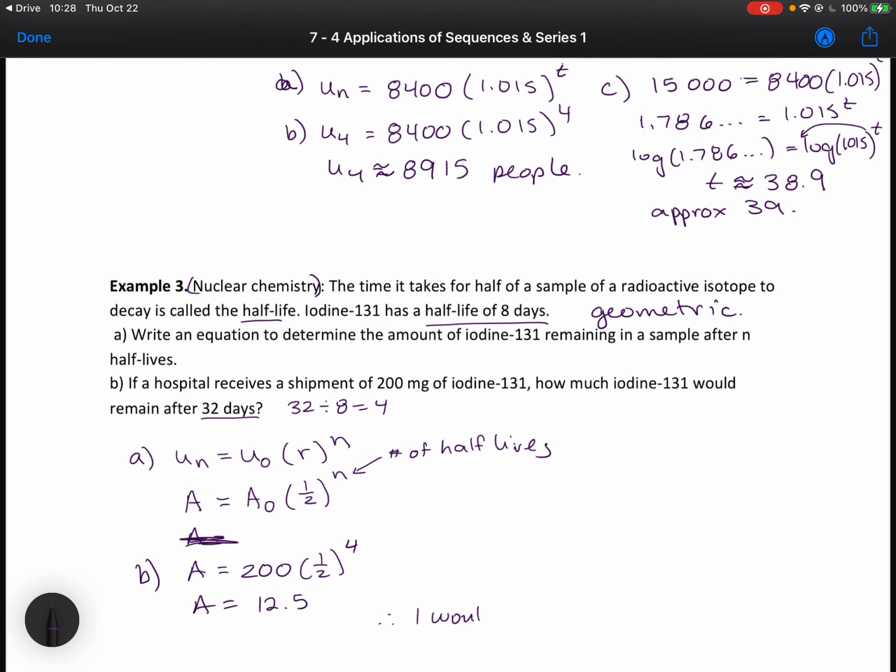So that means that I would have 12.5 milligrams of iodine-131 left after 32 days.